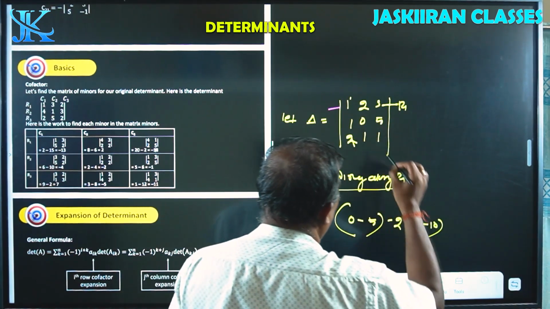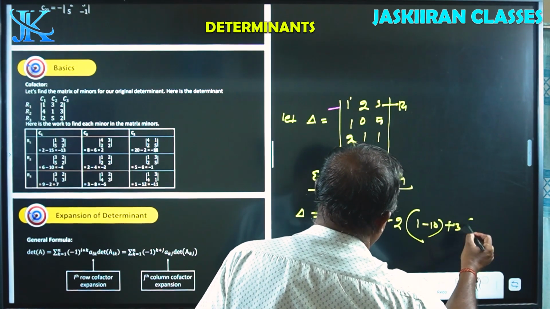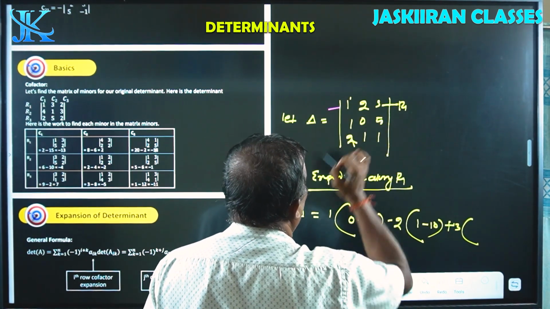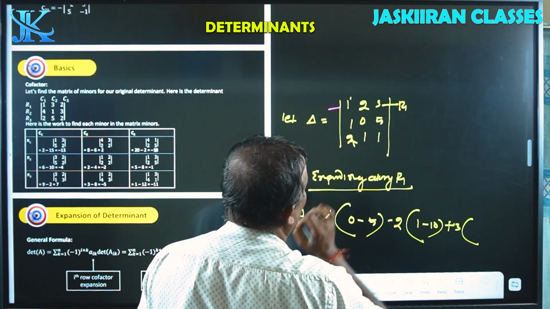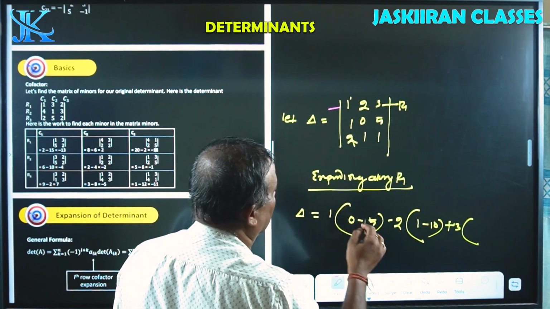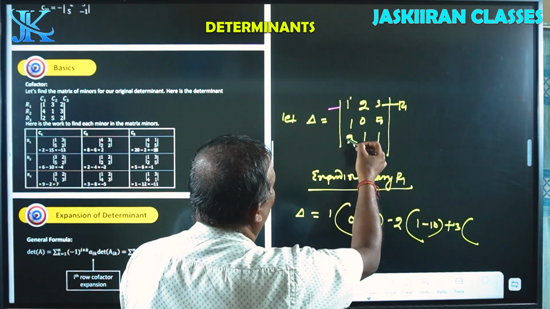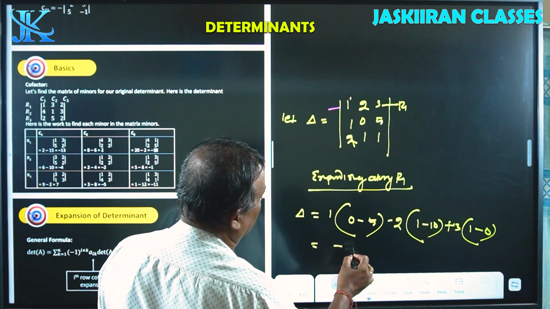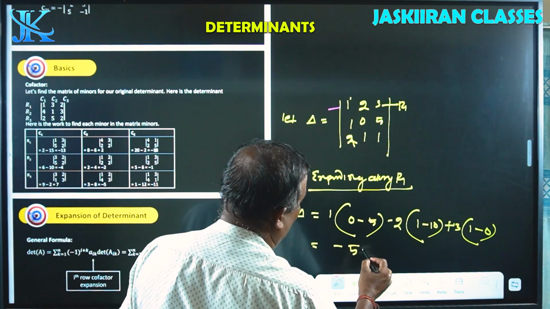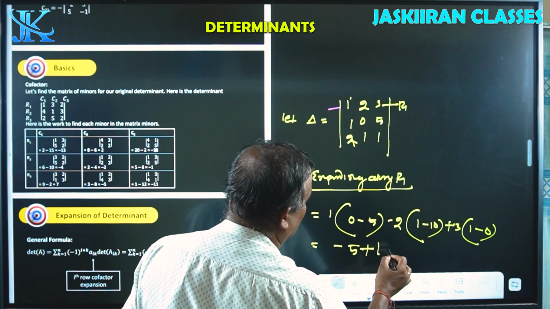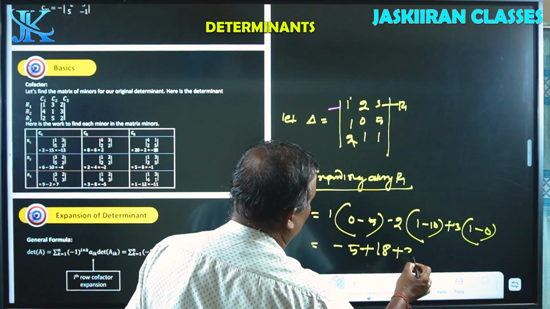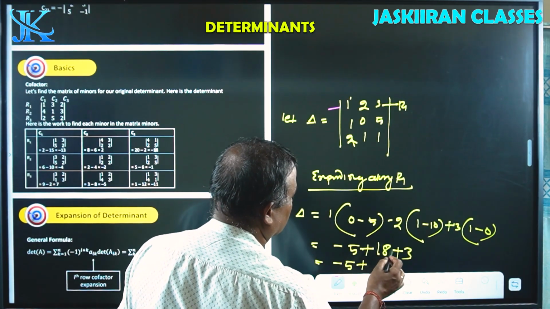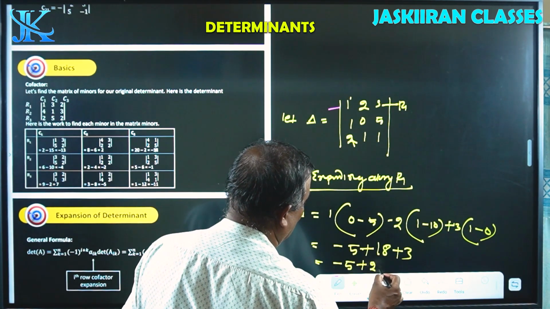Similarly, plus 3, omitting column 3 and row 1, we get 1, 0, 2, 1, that is 1 minus 0. So we get minus 5 plus 18 plus 3, that is 16.